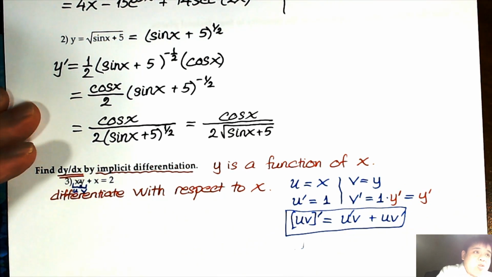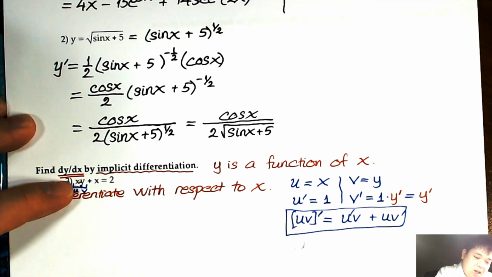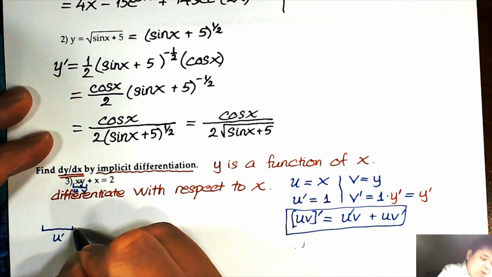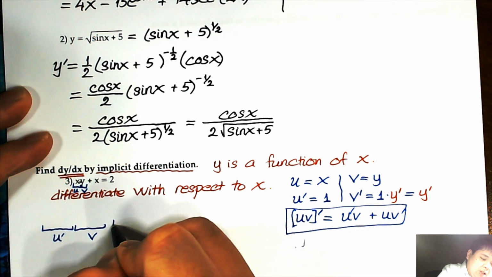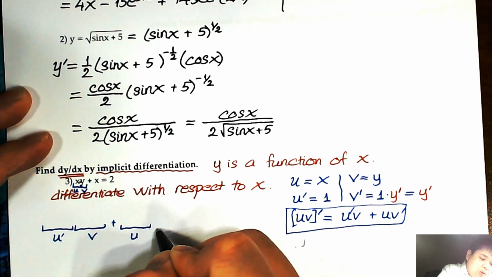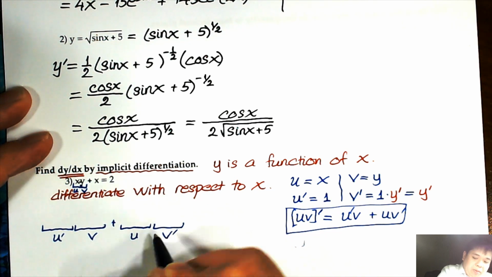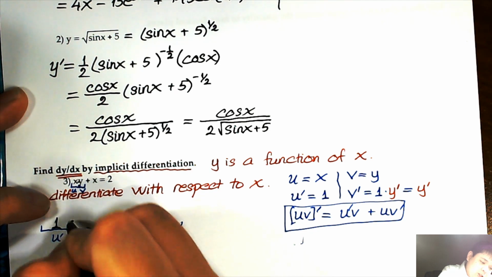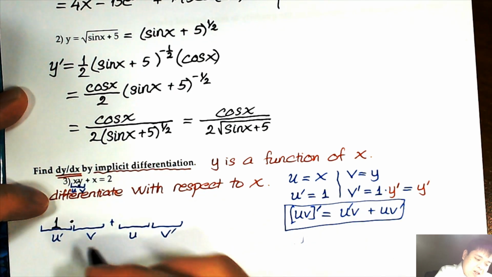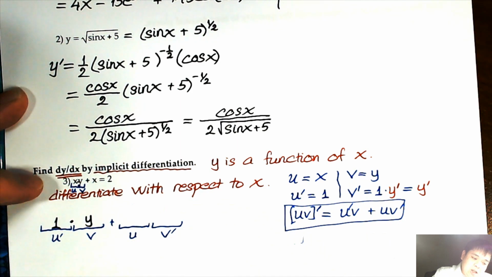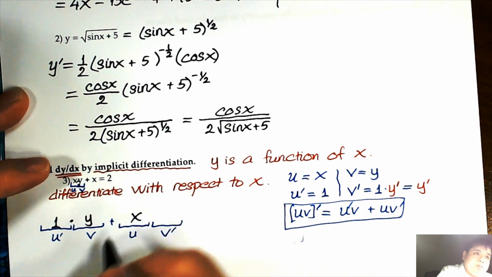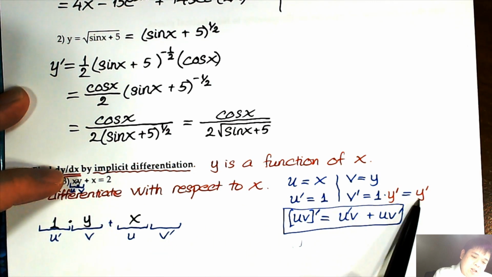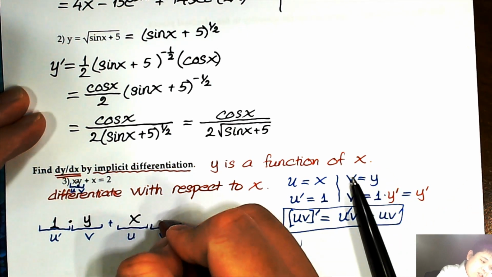So now the first term is the product rule. We take the derivative of that. u prime v plus u v prime. u prime, that is 1, times v, that is y. u is x. v prime is y prime. I'm using red here.